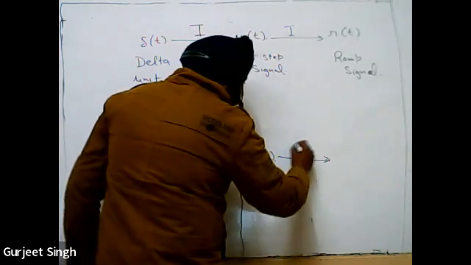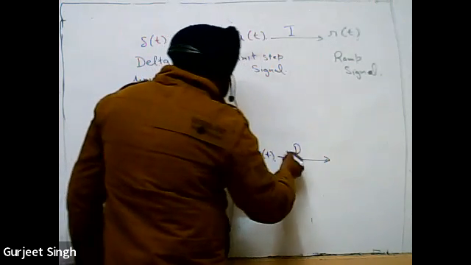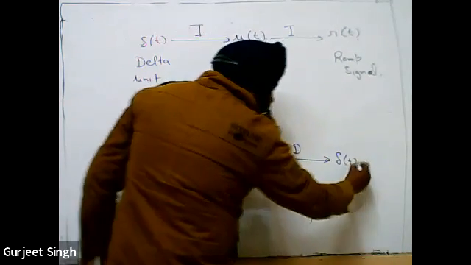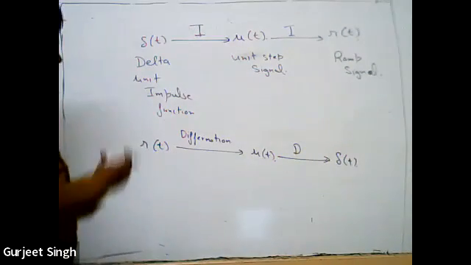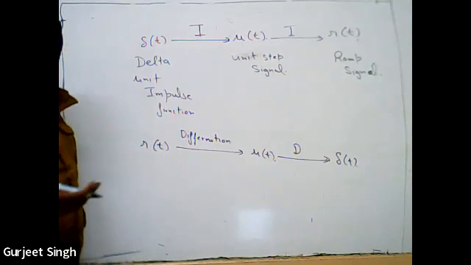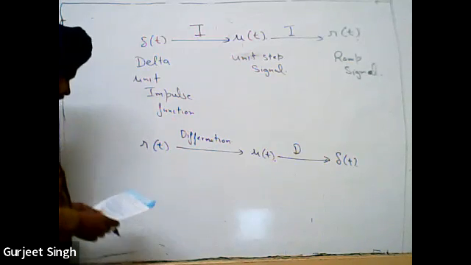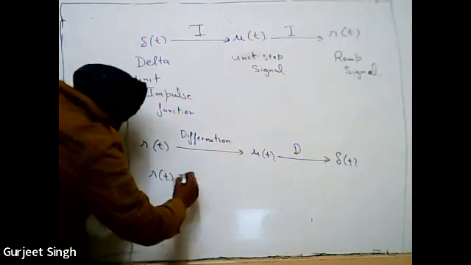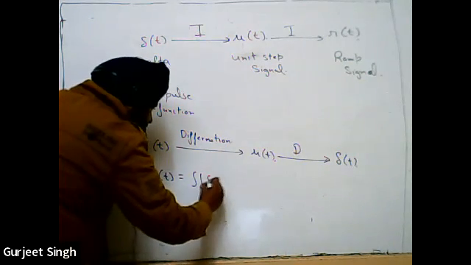And when I further differentiate the UT signal, then I am getting the delta T function, the unit impulse function.